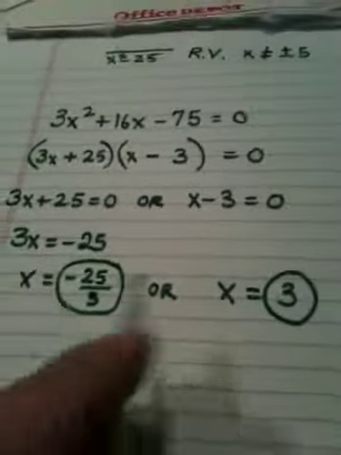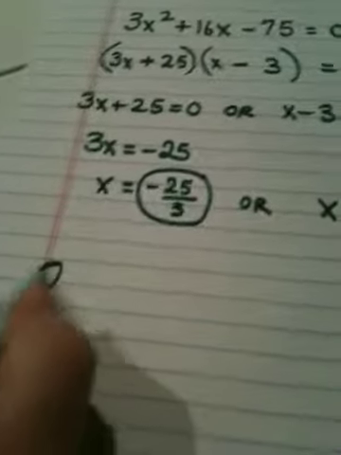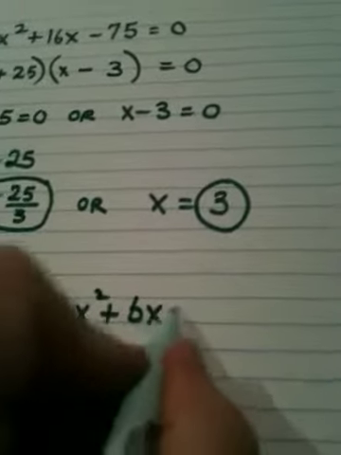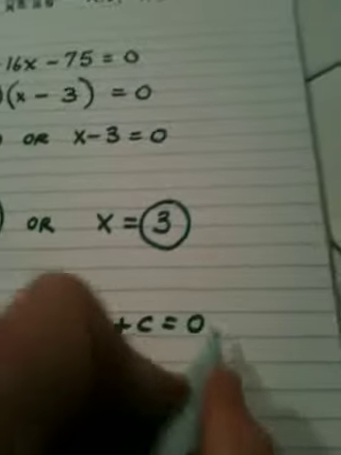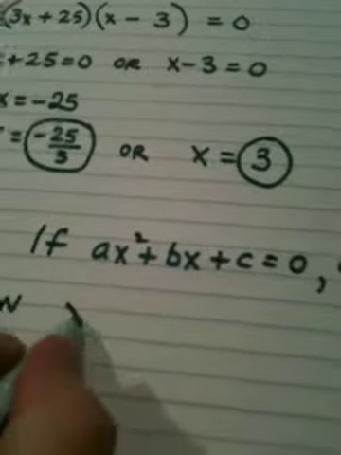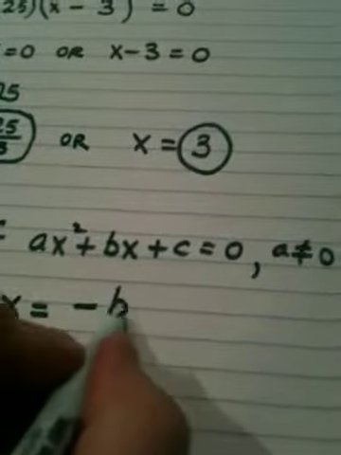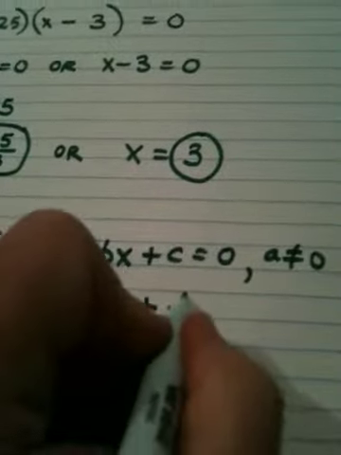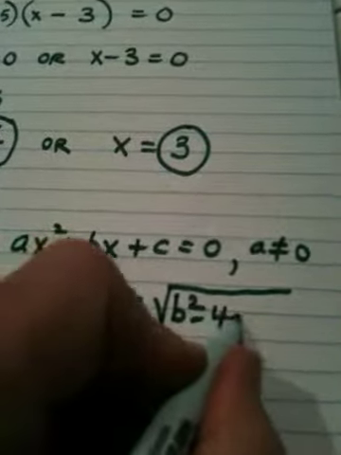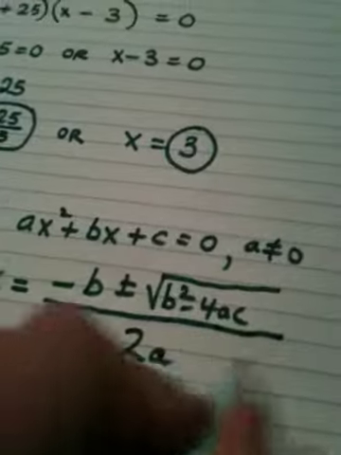Now, for those of you that wouldn't be good at factoring, let me suggest the quadratic formula, which says, remember, if ax squared plus bx plus c equals 0, and a is not 0, the leading term is not 0, then x is equal to the opposite of b plus or minus the square root of b squared minus 4ac all over 2a.